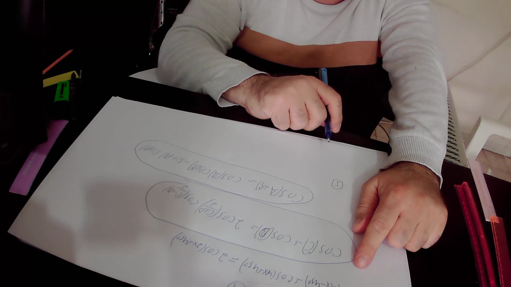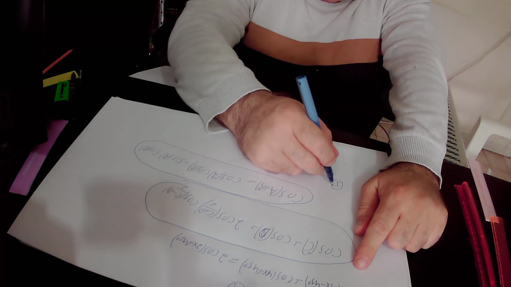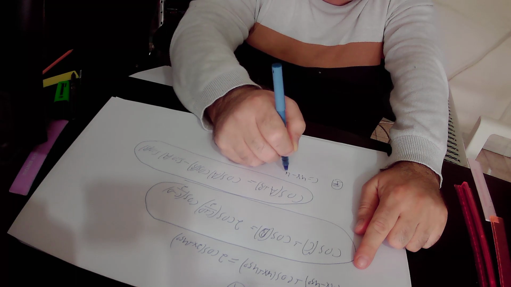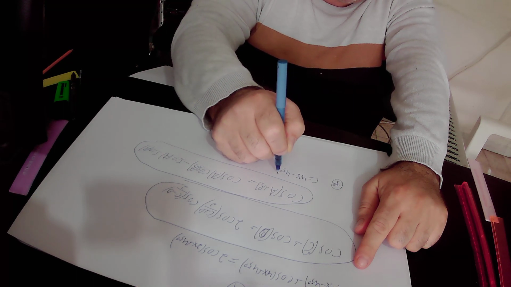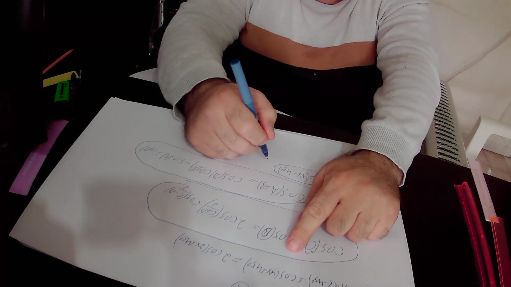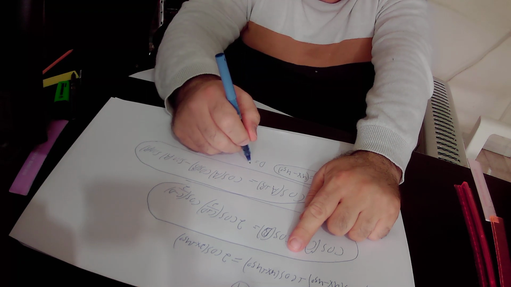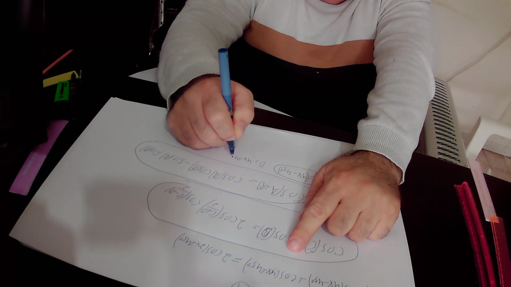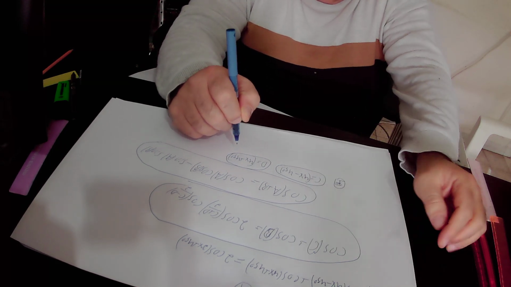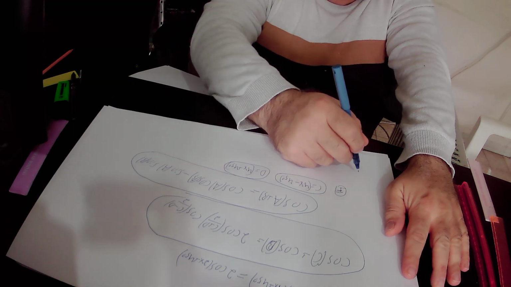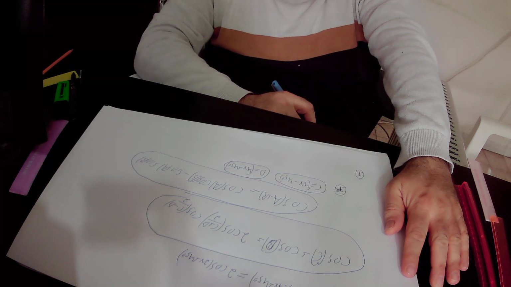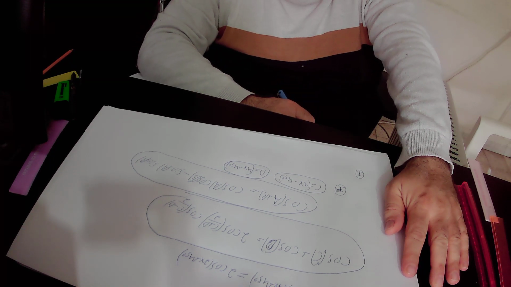Here we can see that C equals 4x minus 45 degrees and D equals 4x plus 45 degrees.